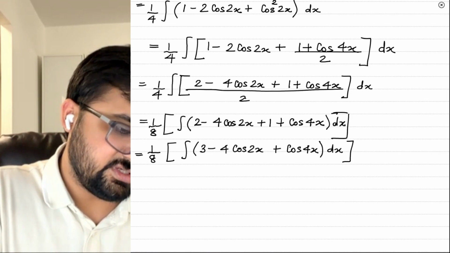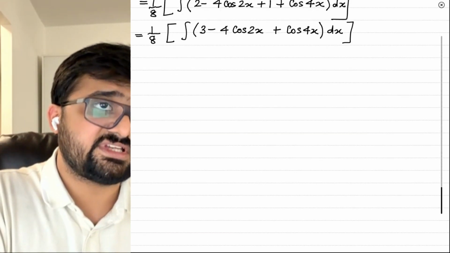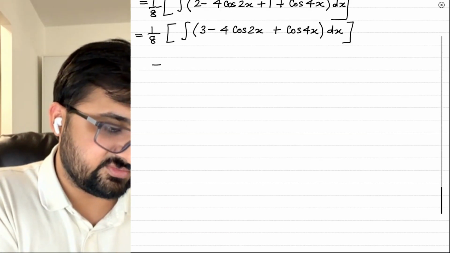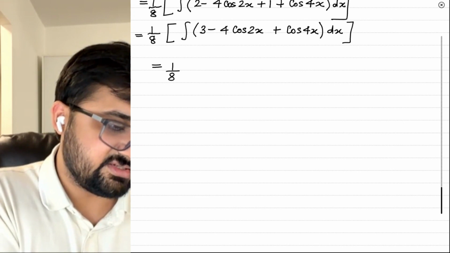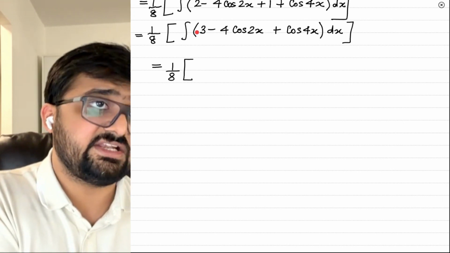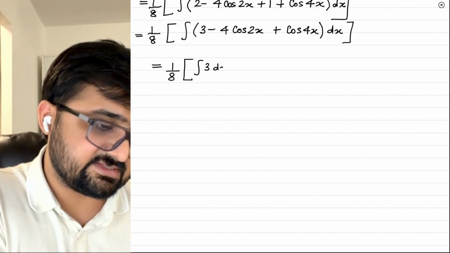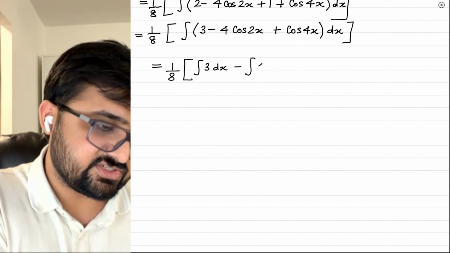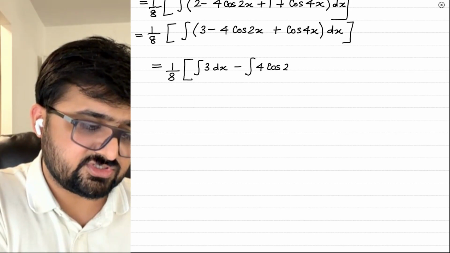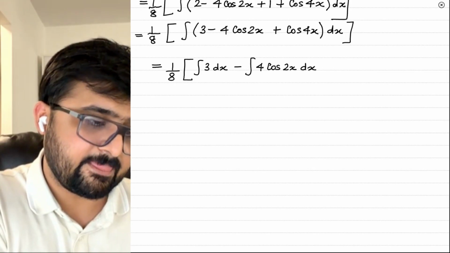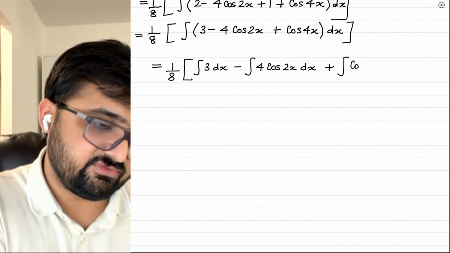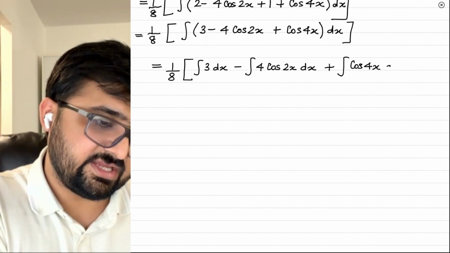Okay, now it's very simple. You just have to split the integration in all the terms. So 1 by 8, open the bracket, give the integration to all the terms. So you get integration of 3 dx minus integration of 4 cos 2x dx plus integration of cos 4x dx.